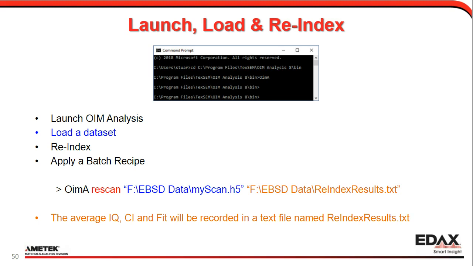Oh, I'm sorry, I've got that wrong. That's a mistake in my slide here. It's not apply a batch recipe. That part there in the orange red is a file to contain some data after the rescan. So it will rescan the data and save it, but then it will also tell you what the average IQ, confidence index, and fit is in that small little text file.